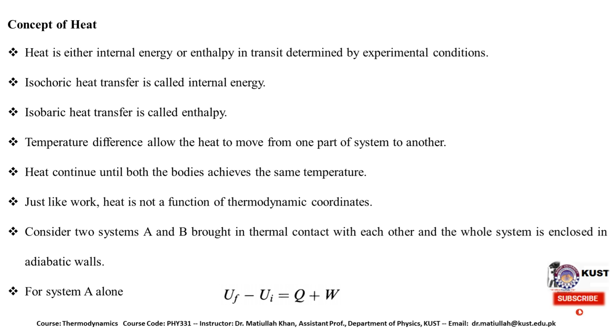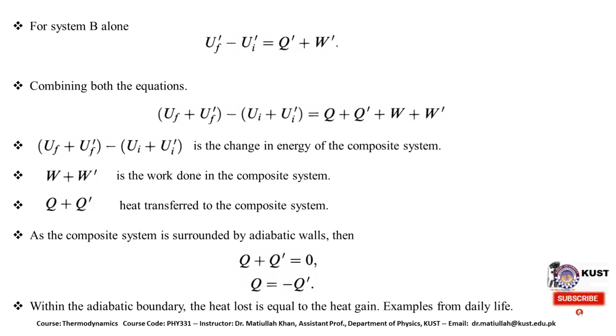If we consider system A, the change in internal energy, final internal energy minus initial internal energy, is equal to the heat lost or gained by the system plus the work done. If we write the same equation for the second body, system B, with internal energy represented by dash, UF dash minus UI dash is equal to Q dash plus W dash.